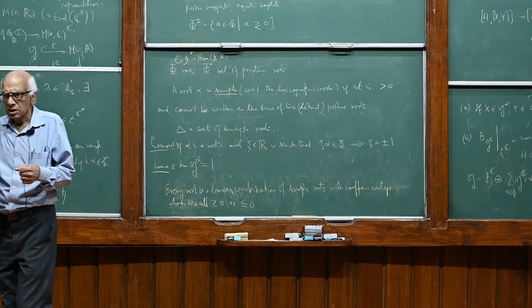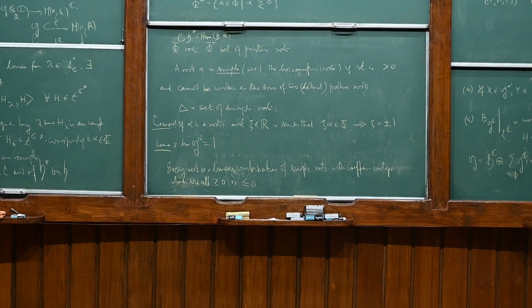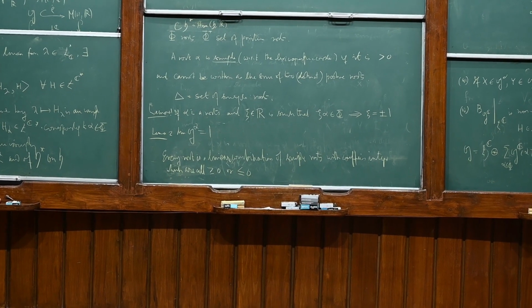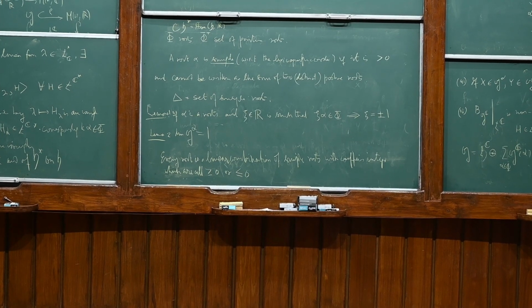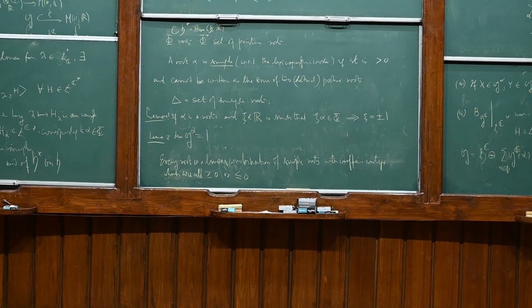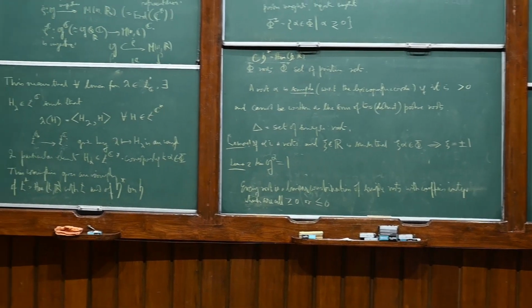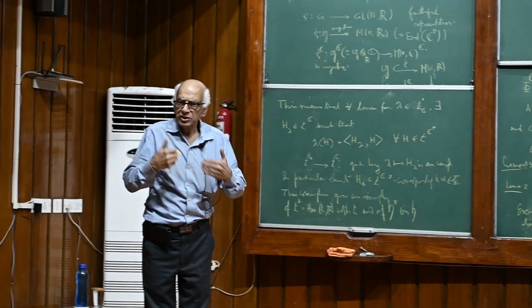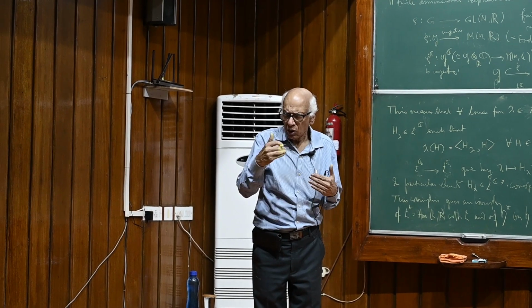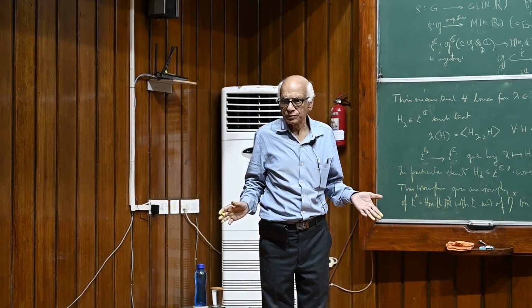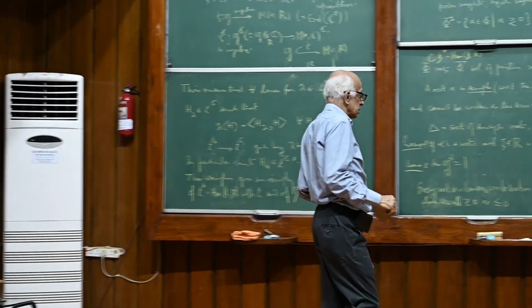Every positive root is an integral linear combination of simple roots with non-negative coefficients. That's what it means. And every negative root is a linear combination of the simple roots with non-positive coefficients.